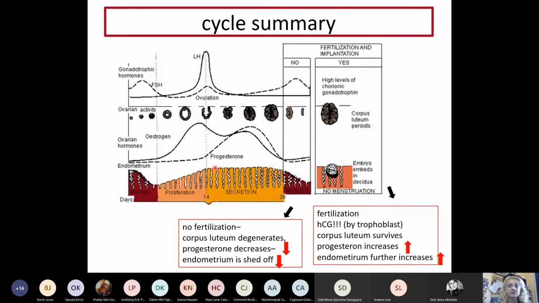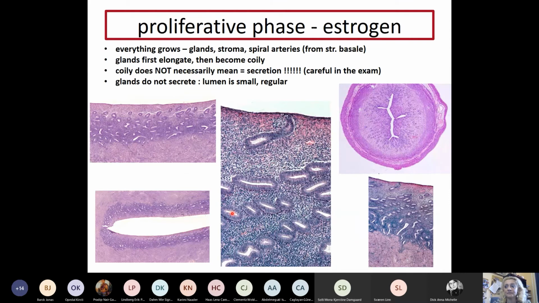Early secretory phase looks different from late secretory phase. So that's why I'm telling you this, because in the later phases, the glands become coiled, but they still do not secrete. So that's why I wrote it here with exclamation points. Coily does not mean secretion. Okay, only by itself it does not mean secretion.